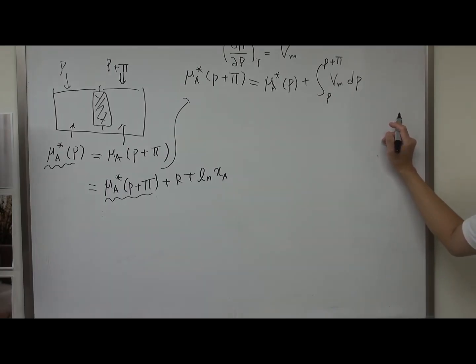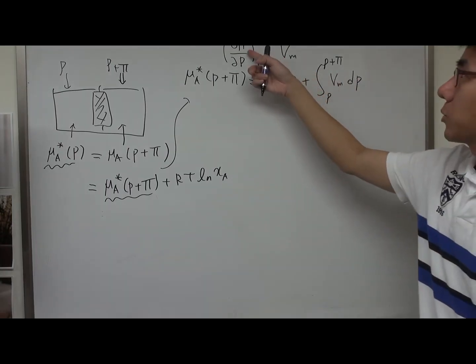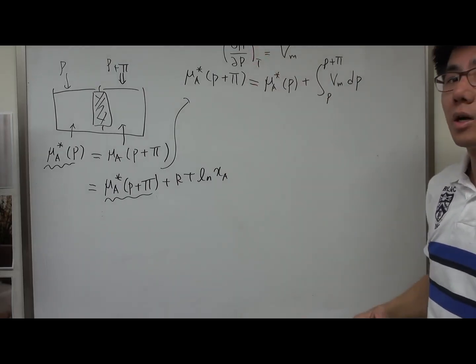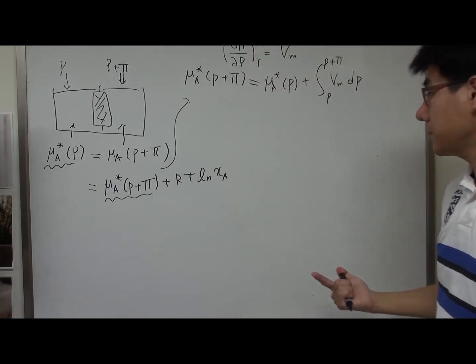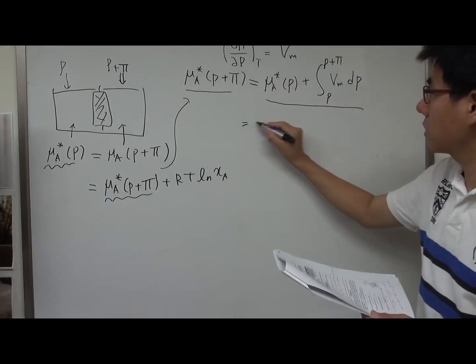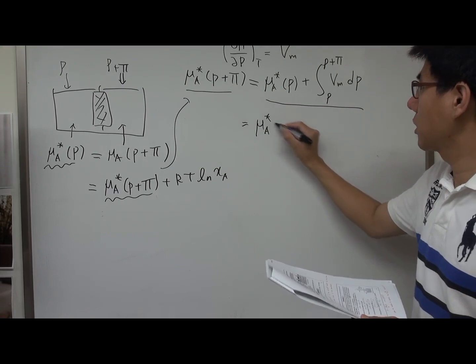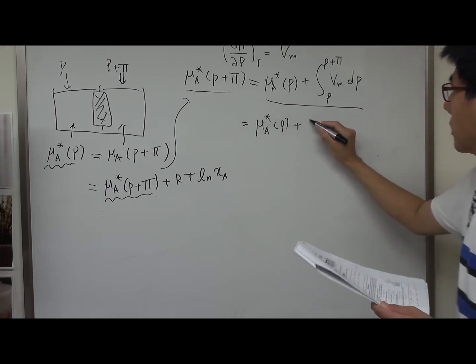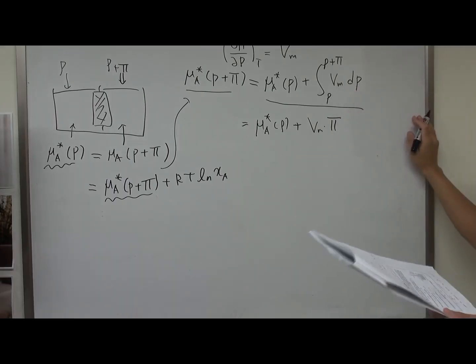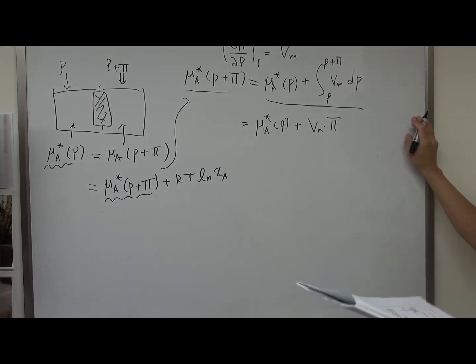How the chemical potential, or molar Gibbs energy, changes as a function of pressure was the molar volume, right? So this is equal to mu A star at P plus Vm pi, because the molar volume of a liquid is basically constant.